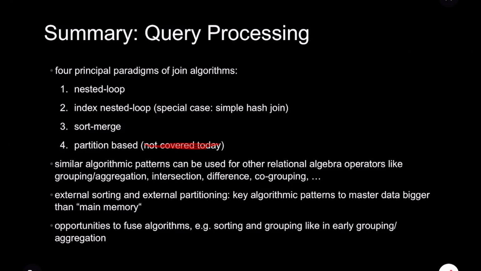Important for you to understand is similar algorithmic patterns can be used for other relational algebra operators like grouping, aggregation, intersection, difference, co-grouping. All these set-based operations you find in relational algebra can be mapped to those algorithmic patterns. External sorting and external partitioning are key algorithmic patterns to master data bigger than main memory.